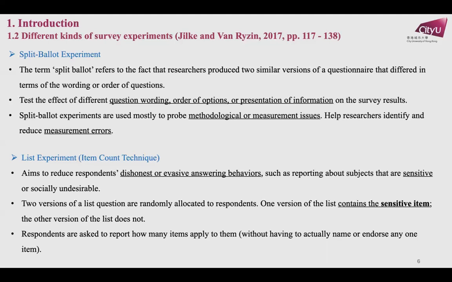One group is presented with a list of items that may include several insensitive items, while the other group receives the same list but with an additional sensitive item related to the topic of interest. So respondents are asked to report how many items they agree with or how many items apply to them, but they don't need to specify which items they are applied to or agree with.